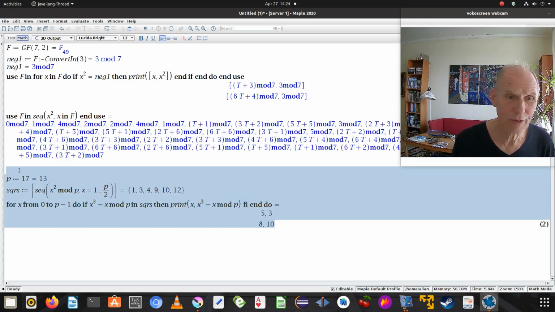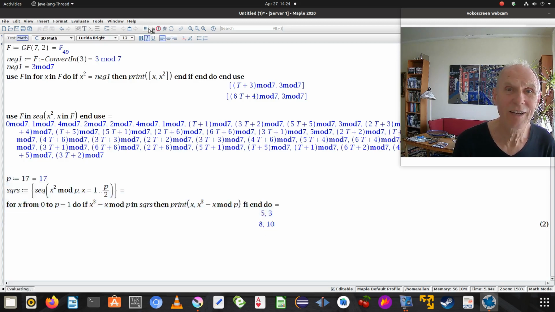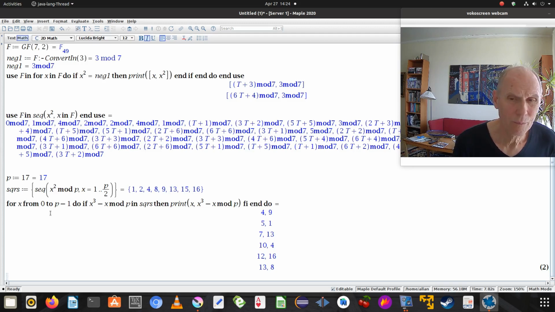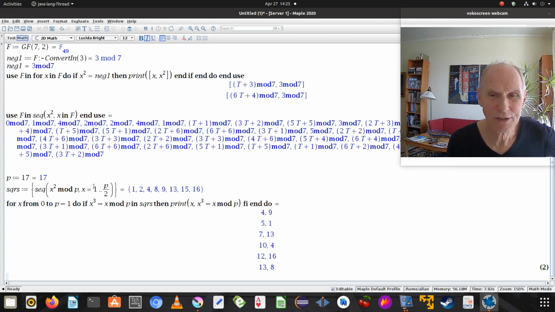Let's do 17. Oh yes, of course I didn't take the trivial one node with in the set of squares. We just have to count 1, 2, 3, 4, 5, 6.